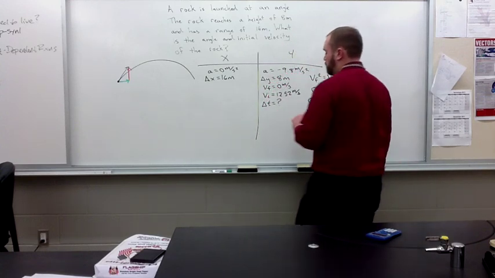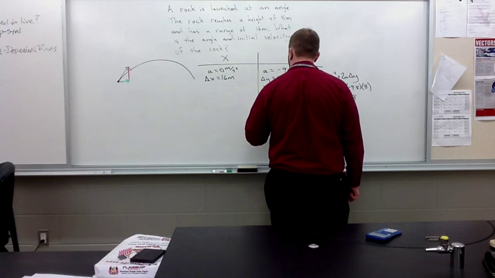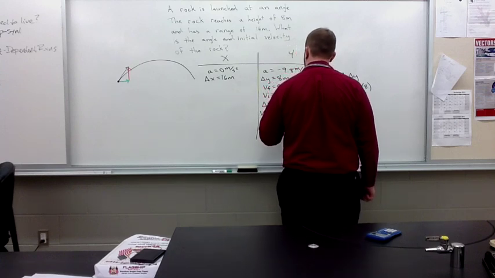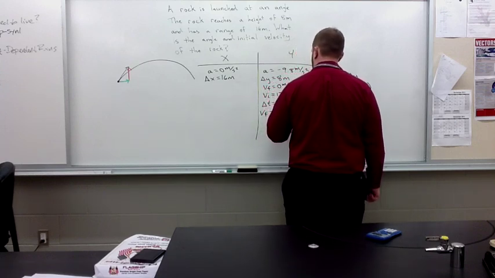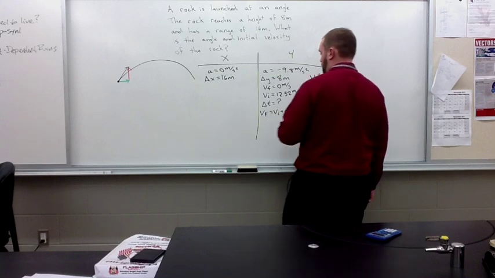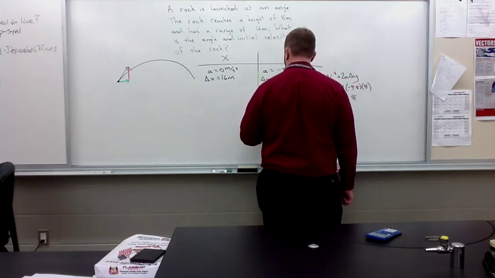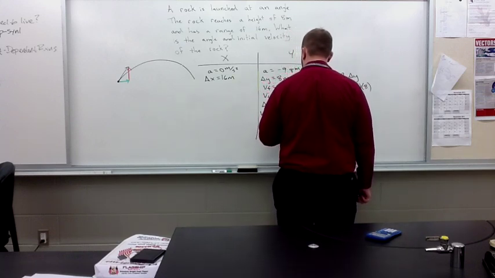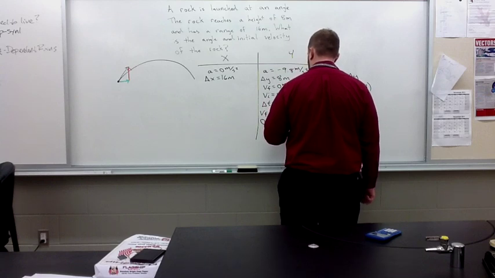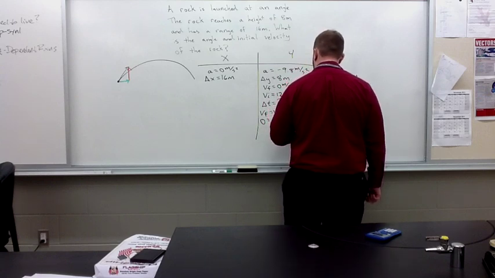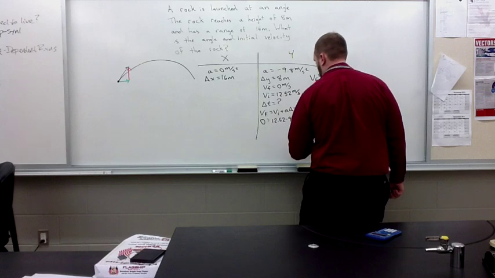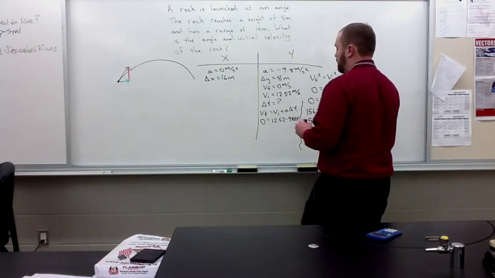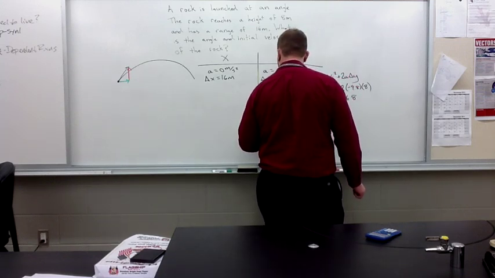The equation I could use, final velocity is initial velocity plus acceleration times time. If I plug everything in, 0 equals 12.52 minus 9.8 times time. Make sure you remember those are separate. We do some math.